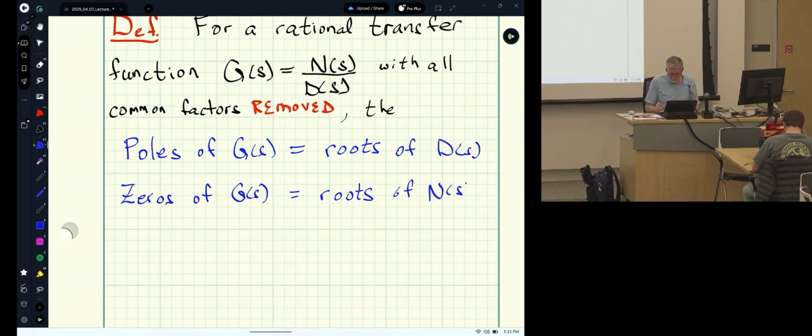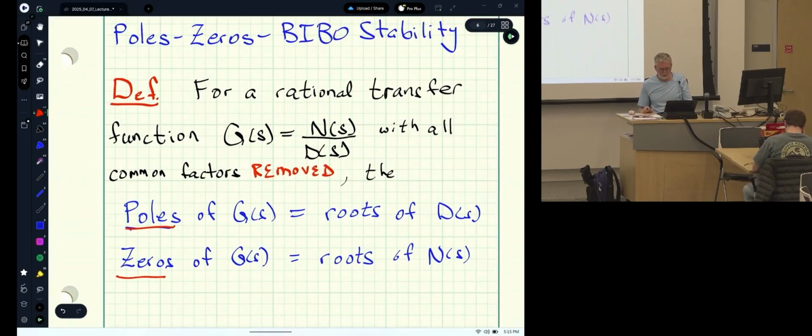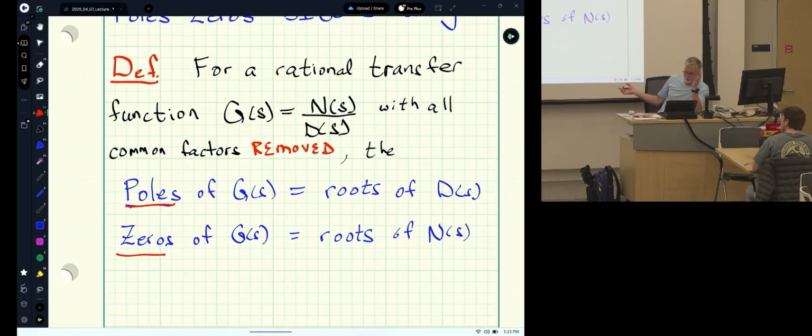So that's poles and zeros. That's just giving names to their polynomials. N is a polynomial, D is a polynomial. They have roots, okay. And we're giving names to them. That's all it is right there.